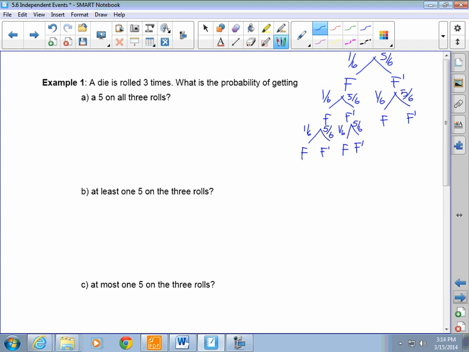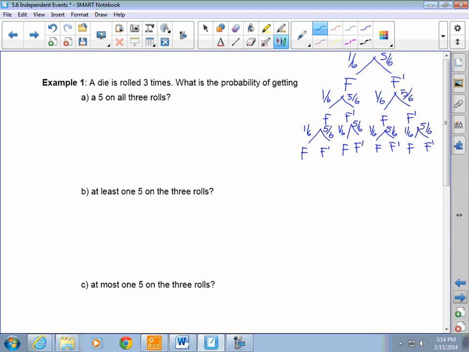So it's not affecting. It's not like once you've rolled that 5, you erase it and you can't get it anymore. So then if your first roll was not a 5, your second roll was a 5, your 5 and your not 5s are 1/6 and 5/6. Not a 5, not a 5. So third roll, you have 2 options, getting a 5 or not. 1 out of 6, 5 out of 6.